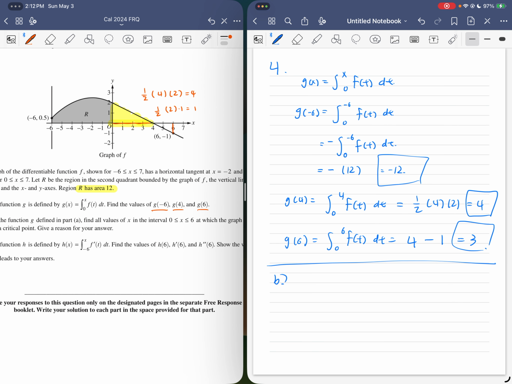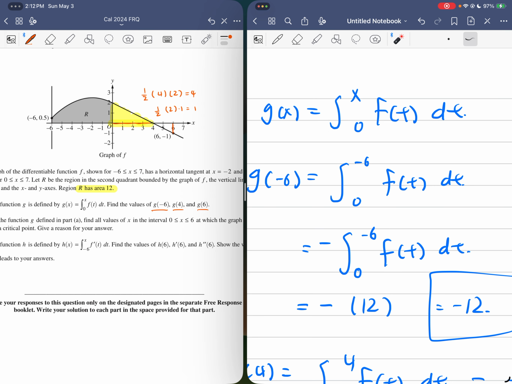You just want to find what g prime of x is equal to. So g prime of x is the derivative of this, so you're just going to take a derivative of this, right?